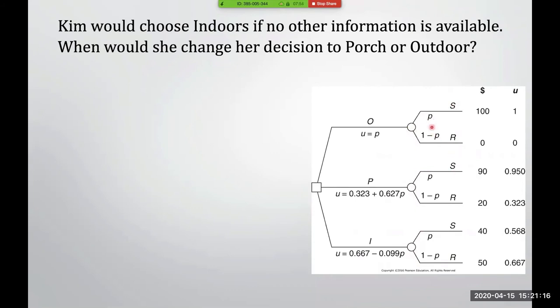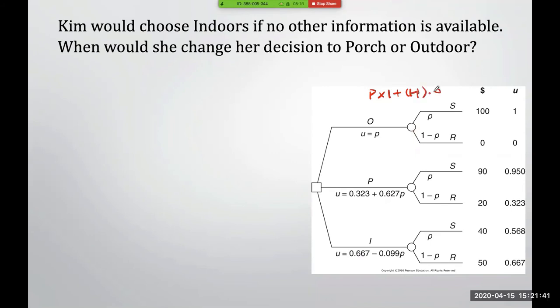So over here, the U value of this uncertain deal would be, let me write something for you. That would be P times 1 plus 1 minus P times 0.